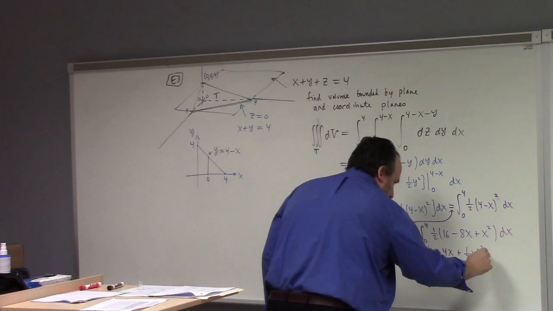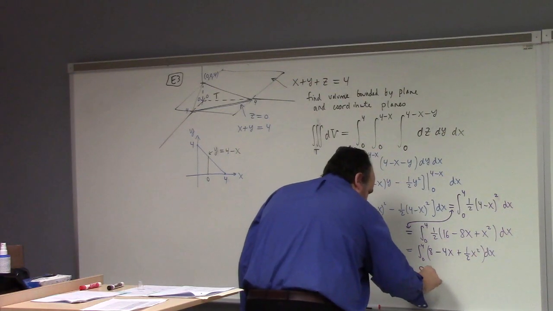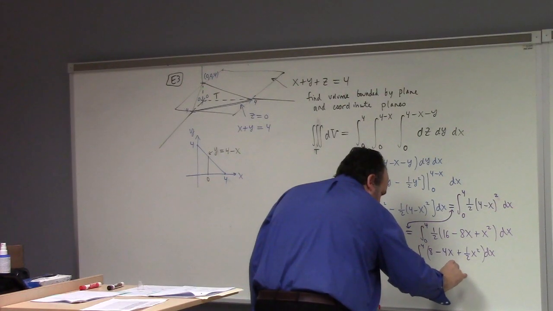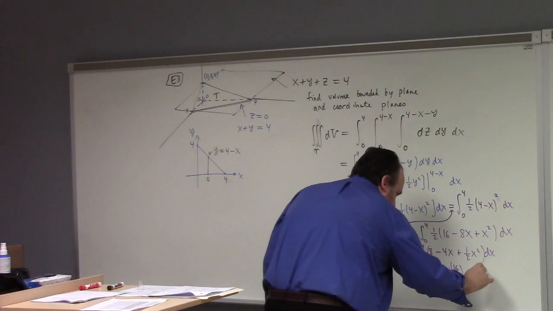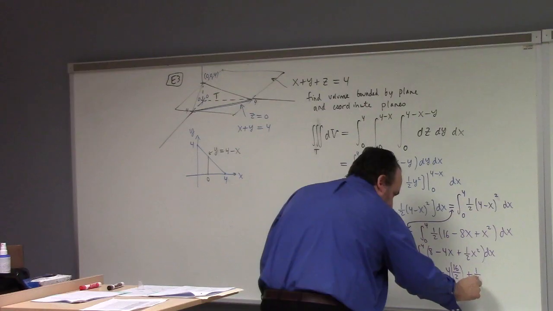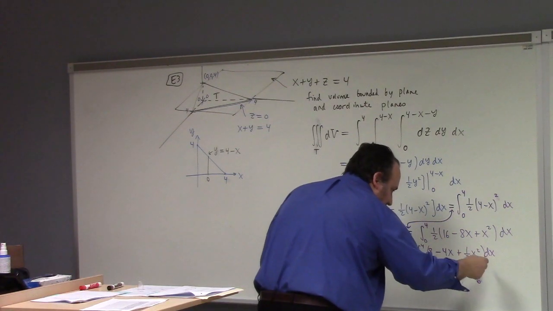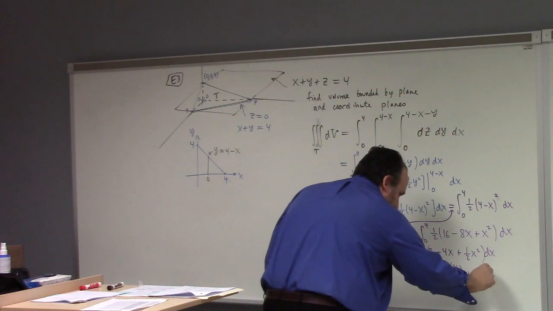I probably should have just kept that half out front if I was smarter, but it's too late. So that's 8 times 4 minus 4 times 4 squared, which is 16 over 2, plus, not 1/2, it's 1/6, right? Because the third times 2 is 6. So integrate x squared to x cubed over 3, 1/6, and then I've got 4 to the power 3 there.